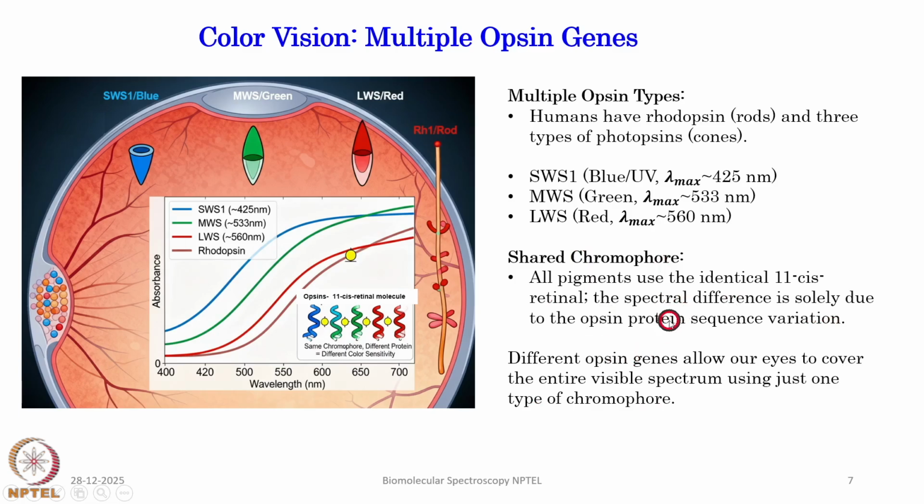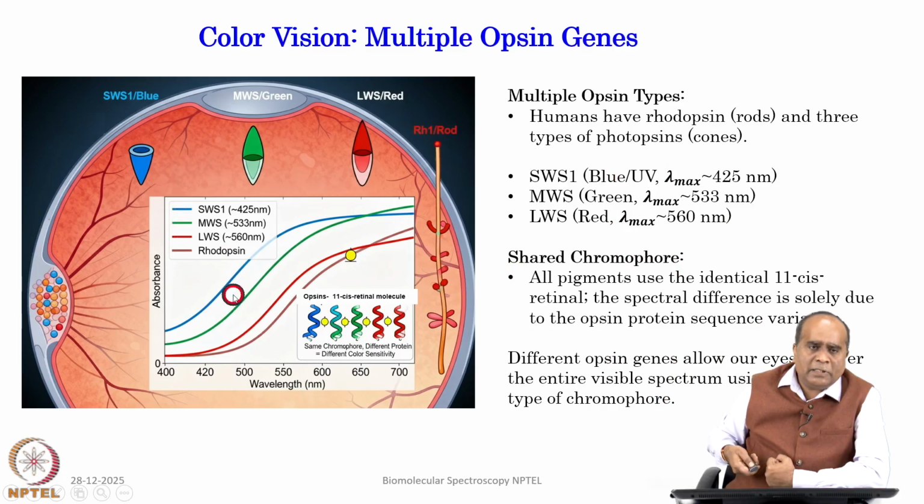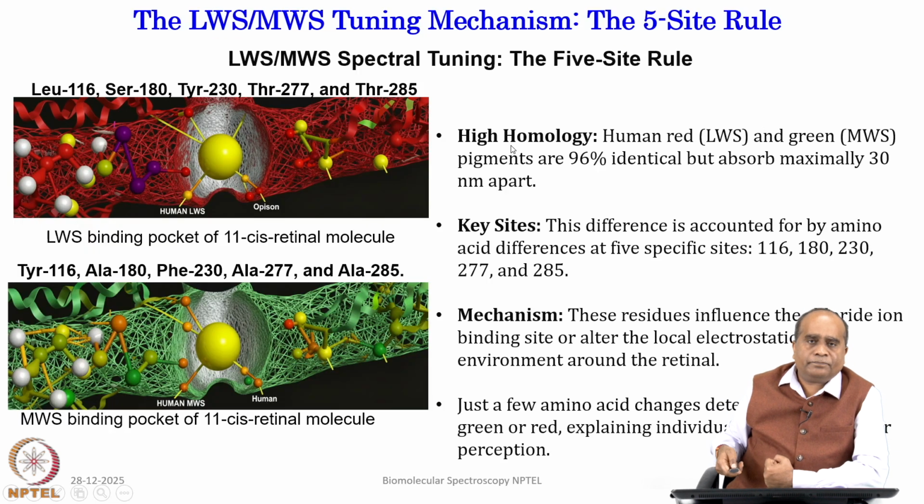One chromophore, depending upon the local environment, can absorb at different wavelengths, and that is helpful in seeing different colors. So, this is our absorption: SWS for blue, MWS for green, LWS for red, and this is our rhodopsin.